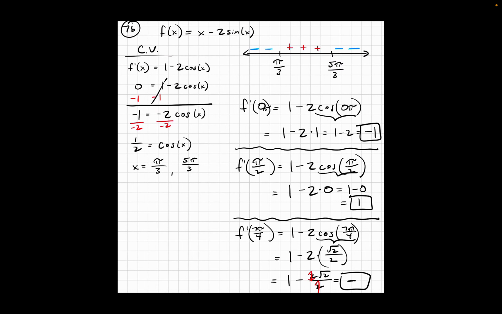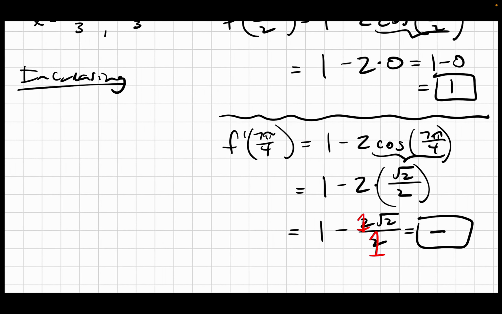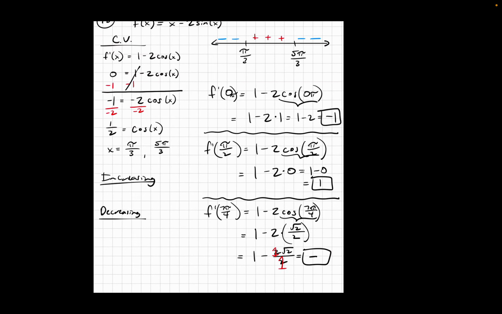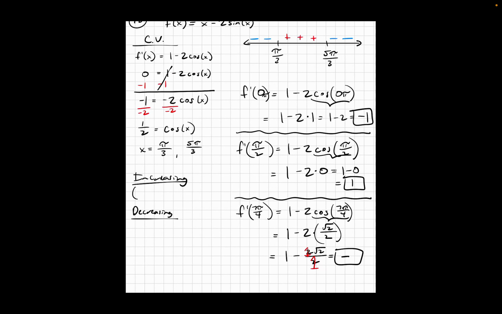Okay. Last step, just summarize what you see. Where is it increasing? Where is it decreasing? So it's decreasing from negative infinity to pi over 3, or I should say, or 5 pi over 3 to positive infinity.